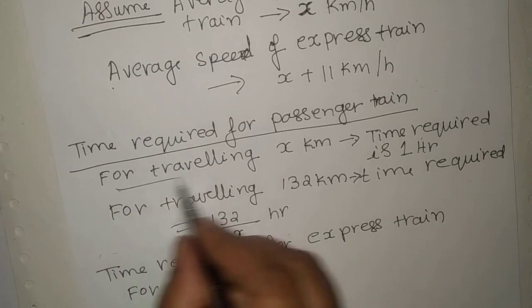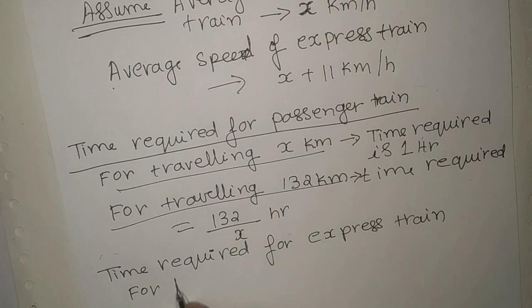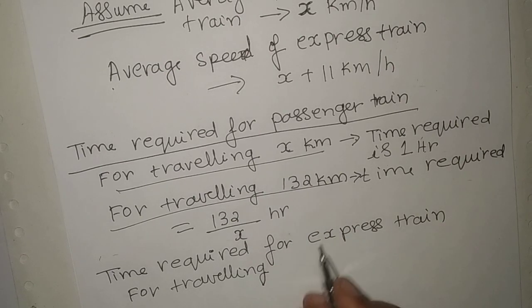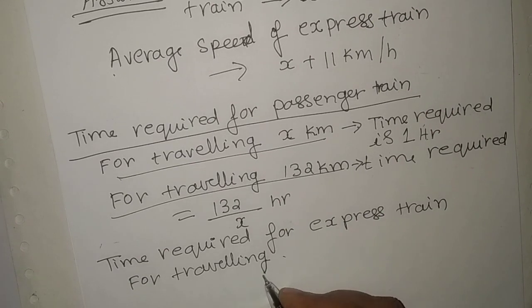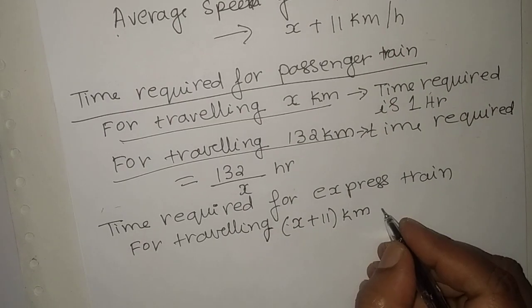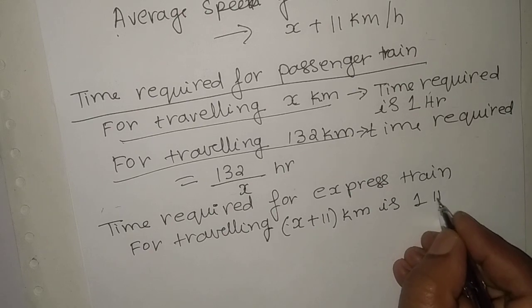For traveling, here we have taken x for the passenger train, so for the express train we take x plus 11 kilometers, and the time is 1 hour.